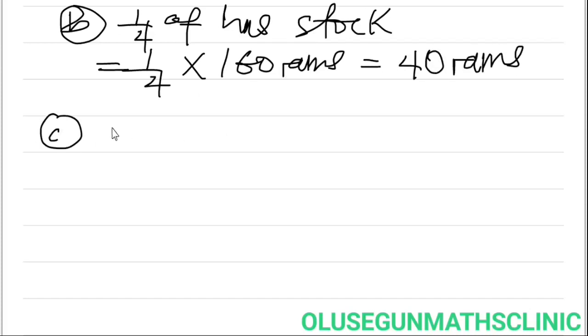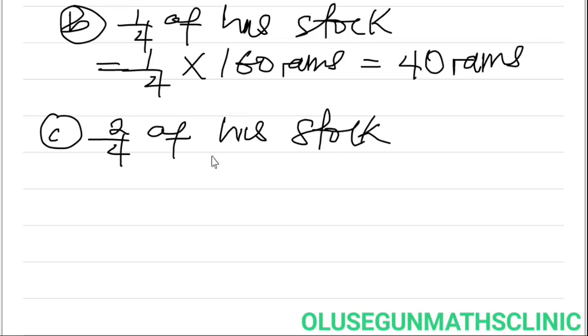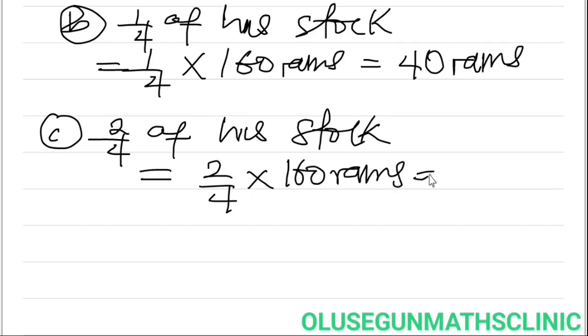So these are what we call equivalent fractions. Say we have 2 over 4. You will observe now that 2 over 4 of his stock will be 2 over 4 times 160 rand. 2 over 4 is the same thing as 1 over 2, so it will also give you 80 rand.